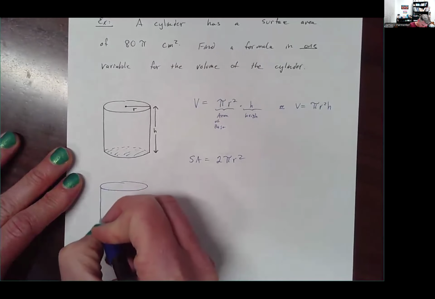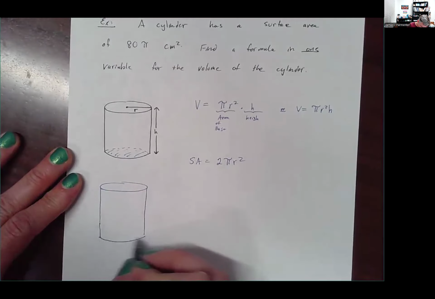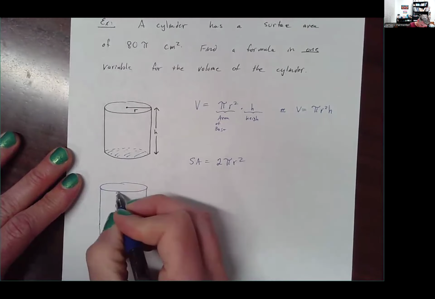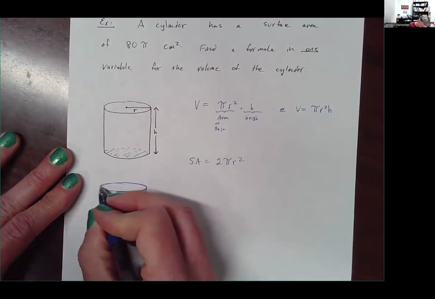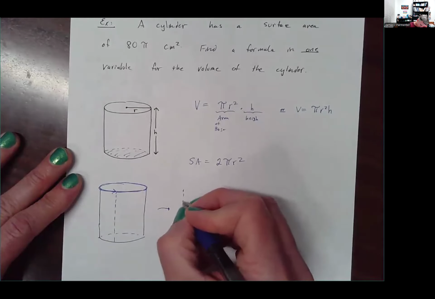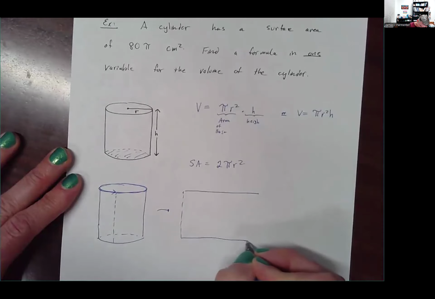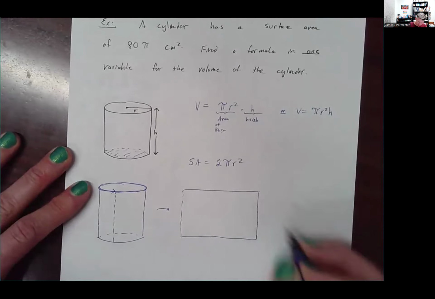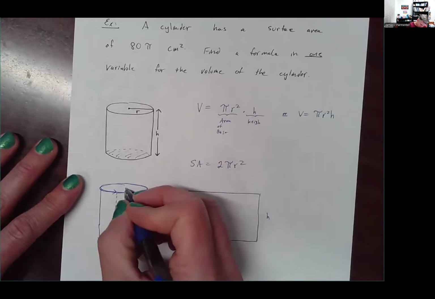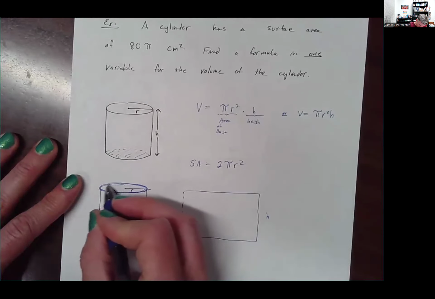I think about it as kind of like a roll of paper towels. If I took off one paper towel that went exactly all the way around, and I unrolled it, I'd have a rectangle. That rectangle would still have a height of h, but the length would be what you get when you go all the way around the circle, which is the circumference.